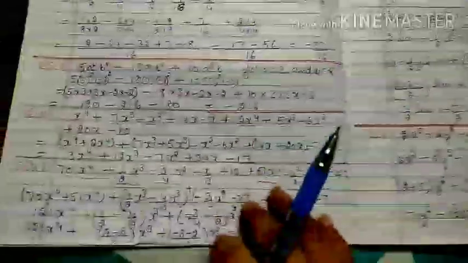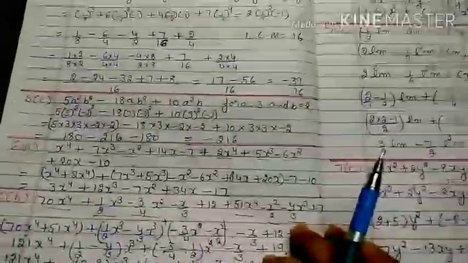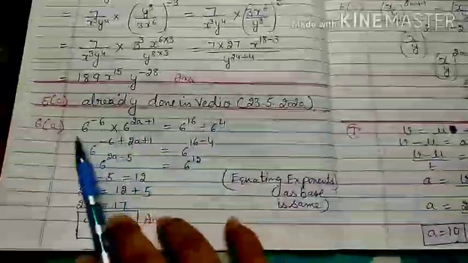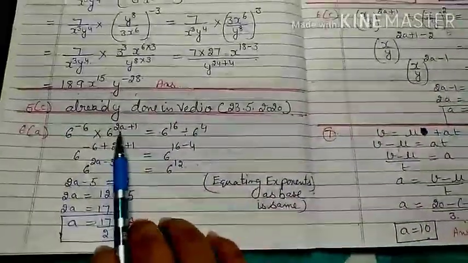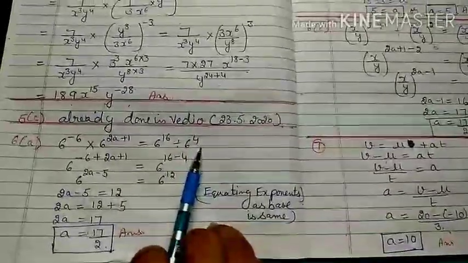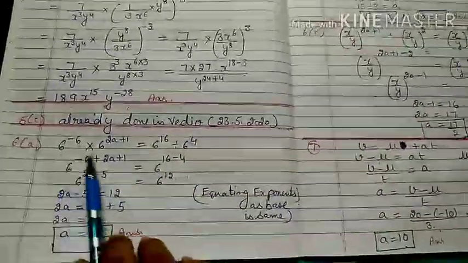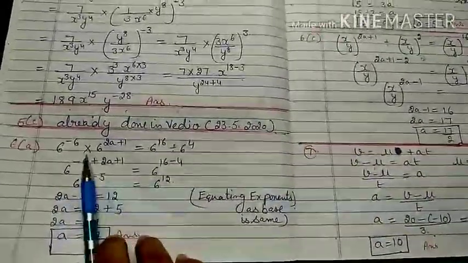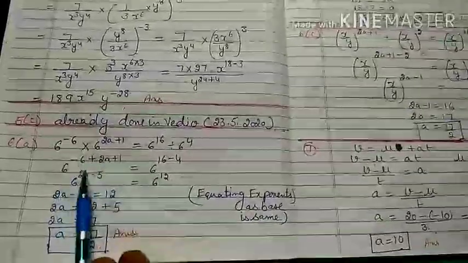Now my next question is your 6th question A part. 6th question A part is 6 raised to power minus 6, 6 raised to power 2a plus 1, 6 raised to power 16 divided by 6 raised to power 4. So if bases are same and multiplied with each other, the powers will be added.